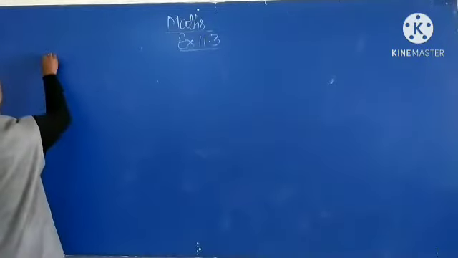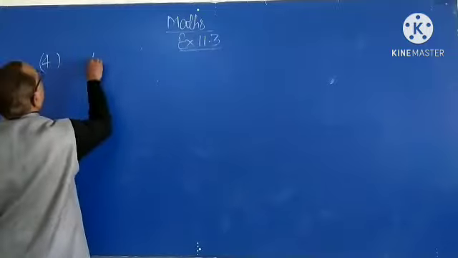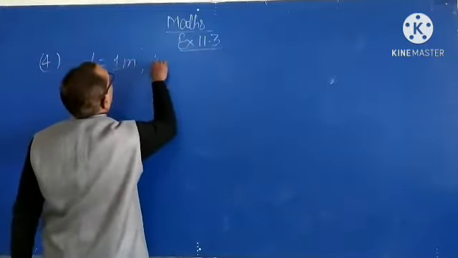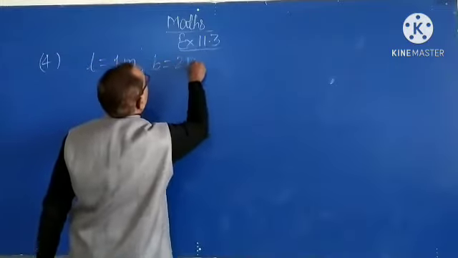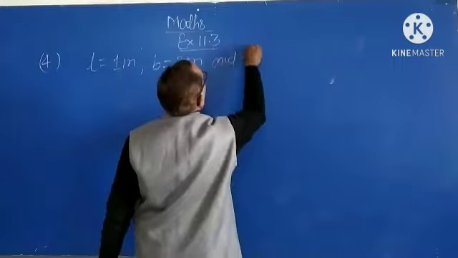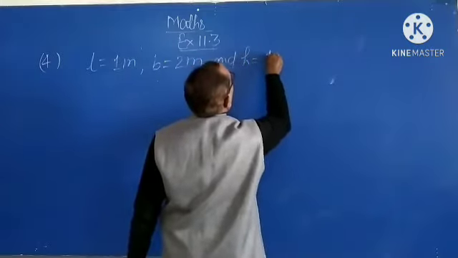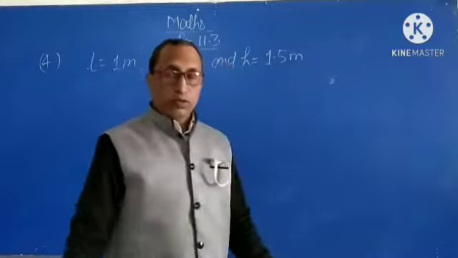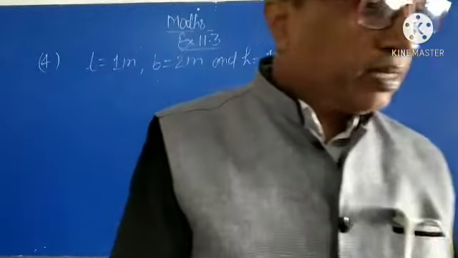Length is equal to 1 meter, breadth is equal to 2 meter, and height is equal to 1.5 meter. According to the given measurement, I can write L is equal to 1 meter, B is equal to 2 meter, and H is equal to 1.5 meter.